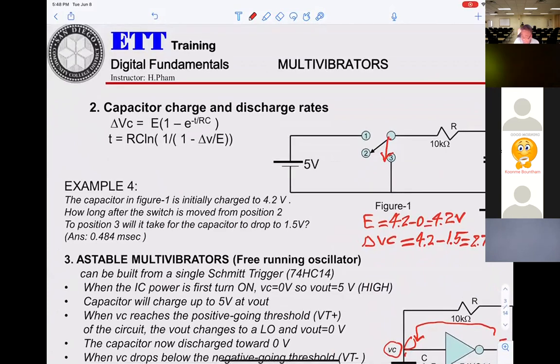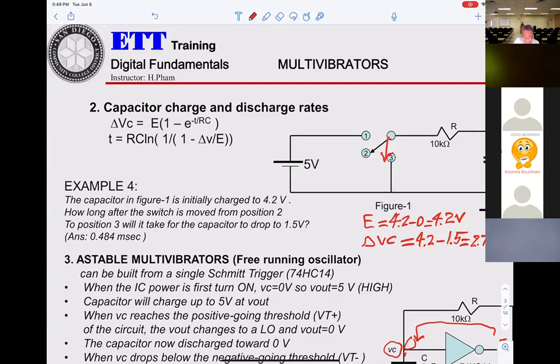Okay, on example 4, initially the capacitor is charged to 4.2. How long after switching from position 2 to 3 does it take for the capacitor to drop to 1.5 volt? So the formula still calculates the time t.